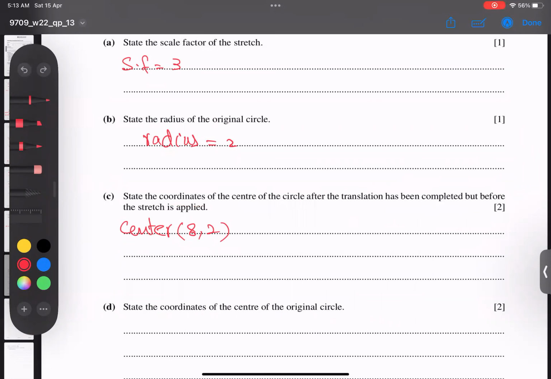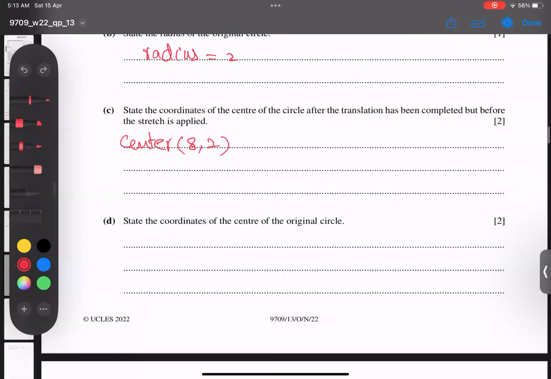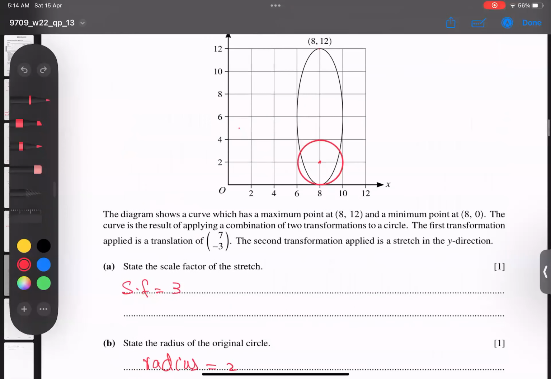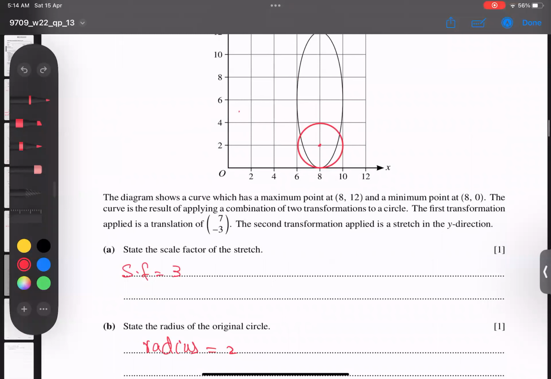Okay, and what is the last part? State the coordinates of the center of the original circle. So it means I have to go backwards, and let's see how we can find that. I tell you one thing, like what was the original circle which shifted to this position?